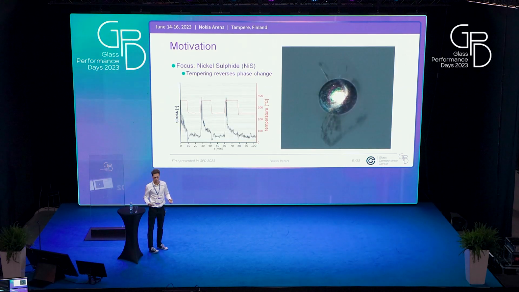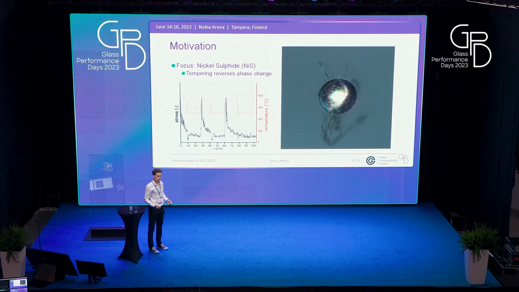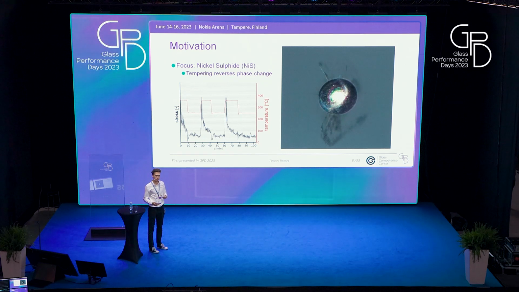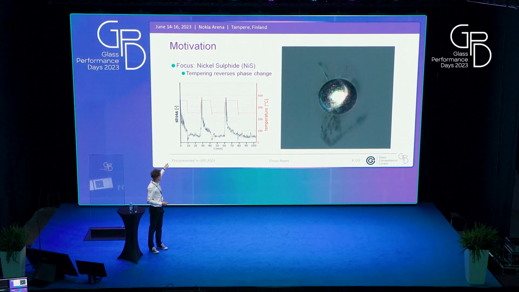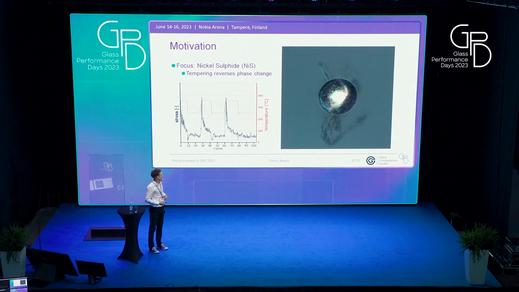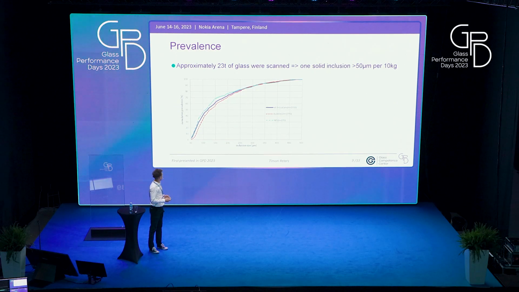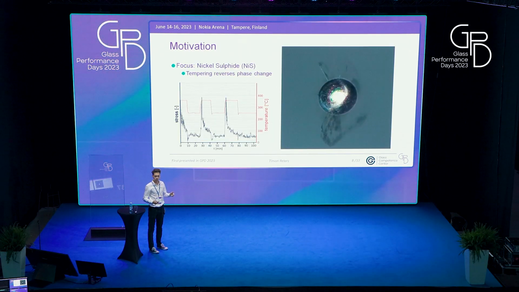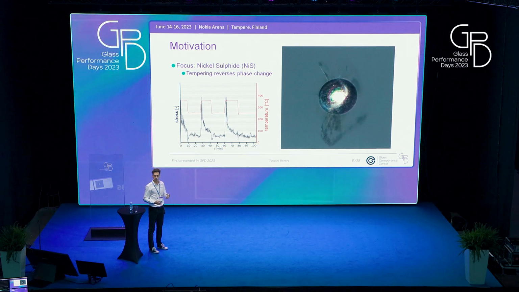What's also a problem with nickel sulphide inclusions is that the tempering process resets the phase transition of the nickel sulphide inclusions. On the left, we can see a graph where a nickel sulphide inclusion was cycled through temperature changes, and we can see the inclusion expand and contract again and again. So every time we temper the glass, we reset the time that it takes for the inclusion to reach the critical point.